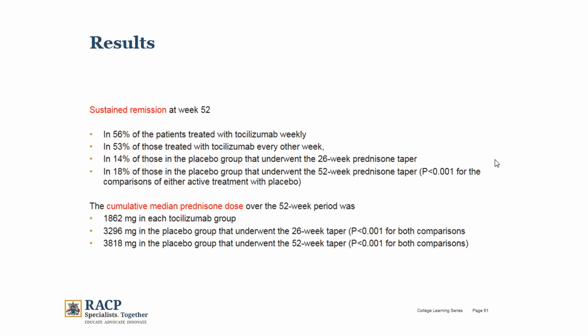By 26 weeks, the longer taper had 18% in remission. The cumulative prednisolone dose was also significantly lower in the tocilizumab group, down to 1,862 milligrams as opposed to 3,818 milligrams in the 52-week taper group.